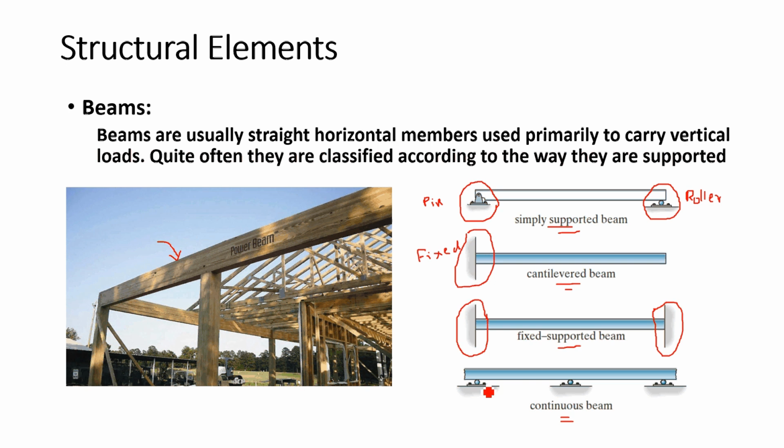It can be any kind of support, pin, fixed, whatever. If a beam has more than two supports, we define it as a continuous beam. In the other three cases, your beam has only two supports, while here there are more.